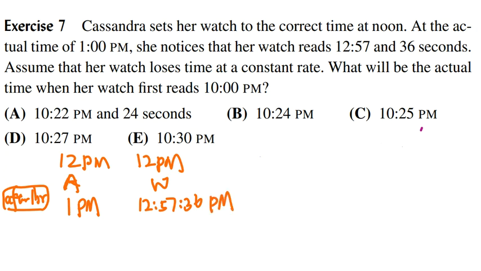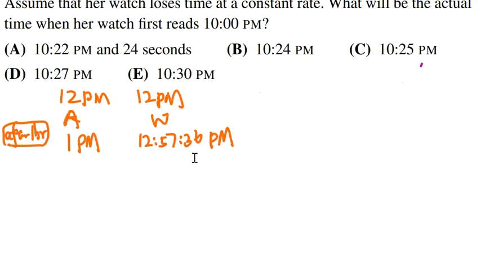Okay, so what do we have here? Actually, from this, we can know the ratio of the speed of the actual watch to the speed of her watch. We can think of the watch as like this, okay? The quartz watch, right? It has a face.